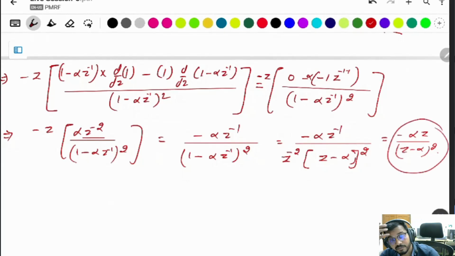This is the final z transform by using the frequency differentiation property, if there is any multiplication of n terms in our signal.